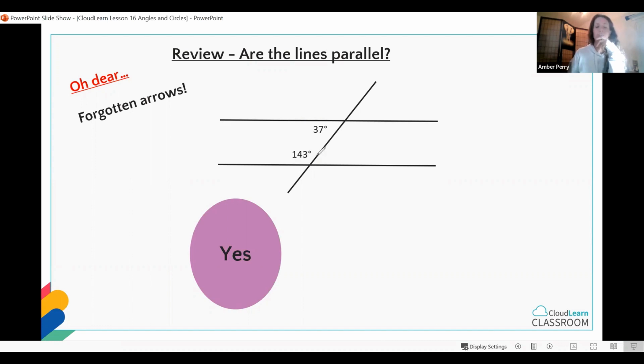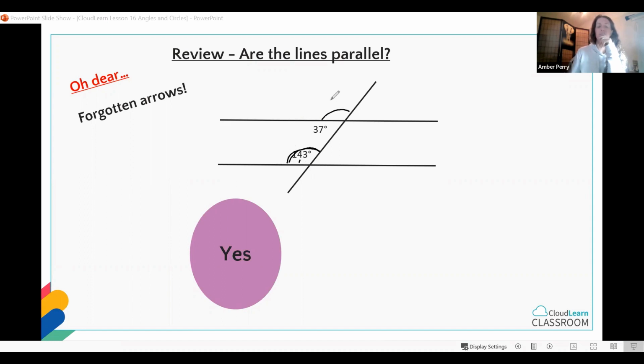Hopefully what you did is you just did 143 plus 37 is equal to 180. So if these angles add up to 180, then they are parallel. So yes is correct. Someone's written in the chat corresponding angles, which isn't technically the one we use, because corresponding angles are the equal ones.